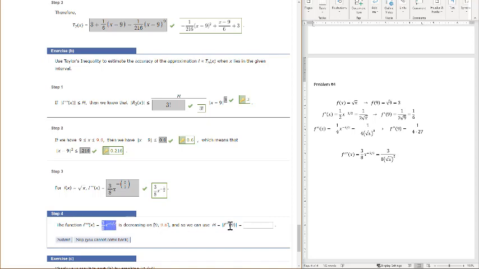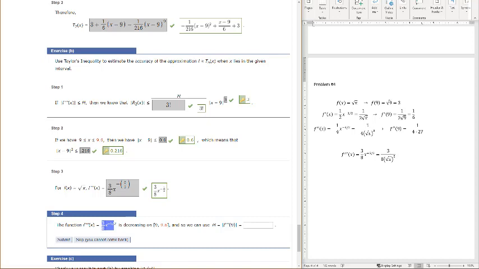Because we have a decreasing function between 9 and 9.6, the largest value would happen in the beginning, and then it'll go down from there. If it was increasing, the largest value would happen on the right end instead of the left end. So since this is decreasing, we want to know what happens when we put 9 into this function.